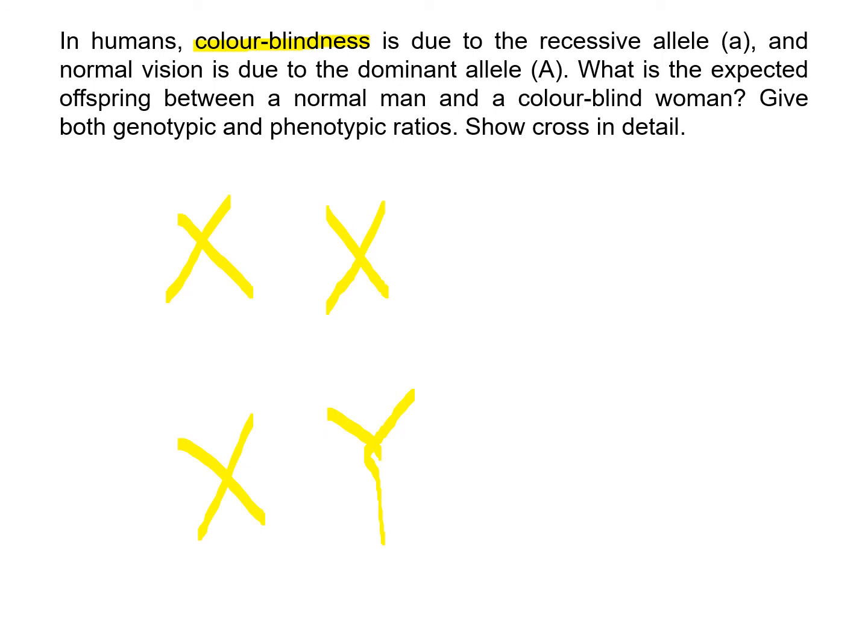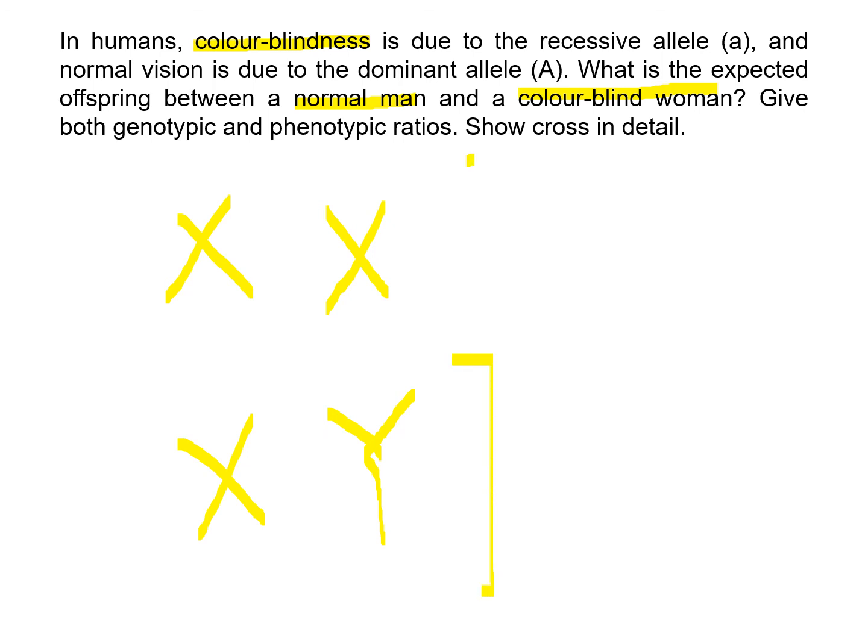What is the expected offspring between a normal man and a colorblind woman? Give both genotypic and phenotypic ratios. Show cross in detail.